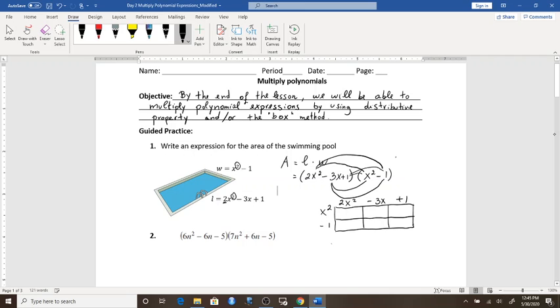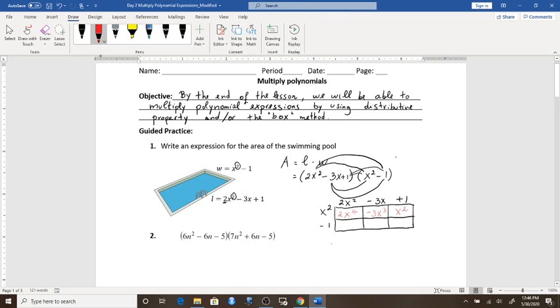Now what we do is we multiply each term. So x squared times 2x squared would be 2x to the power of 4 because we are going to add the exponents. 2 plus 2 is 4. x squared times negative 3x is negative 3x cubed. And then x squared times 1 is going to be 1x squared. And then I need to multiply by the negative 1.